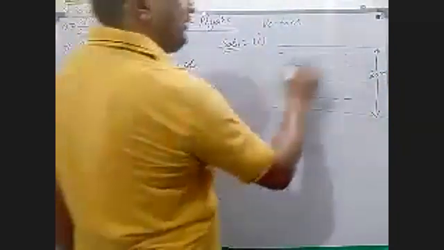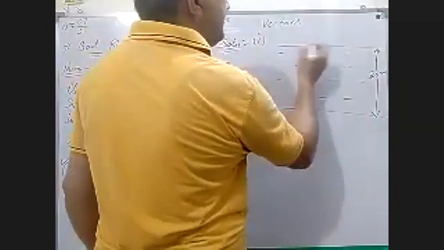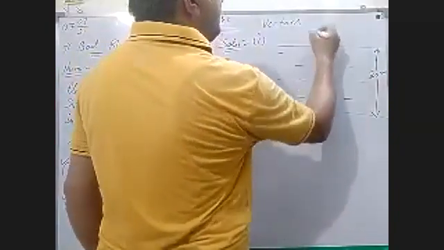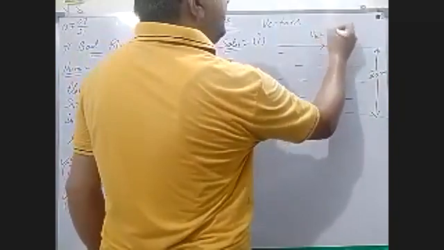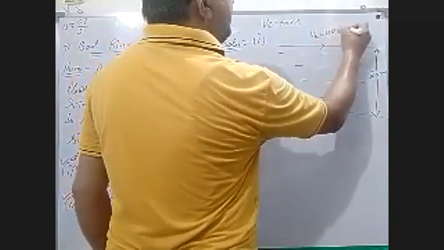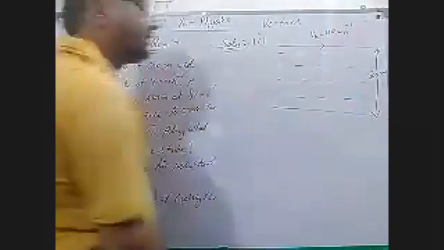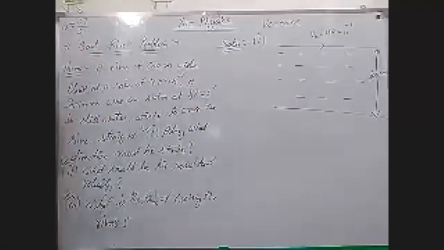This is the width of the river. And the flow. What is the velocity of this river? VR is 4 kilometers per hour. Okay. Now design this numerical in this way.